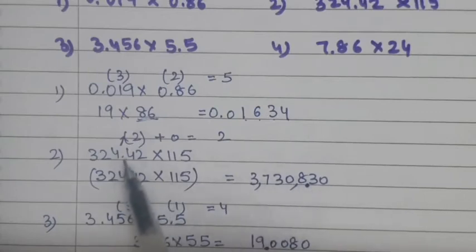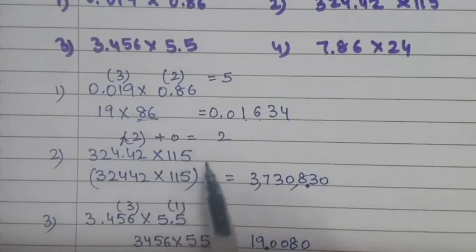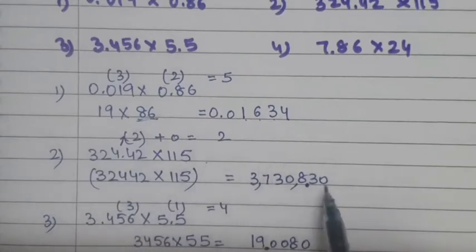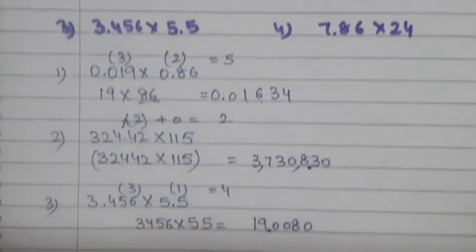Now here after the decimal there are two digits and there is no digit after the decimal in the other number. So on multiplication we got this. Now from the back 1, 2, two digits covered, put the decimal. Clear?